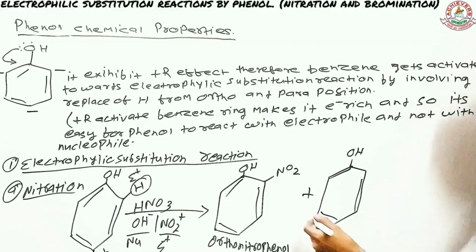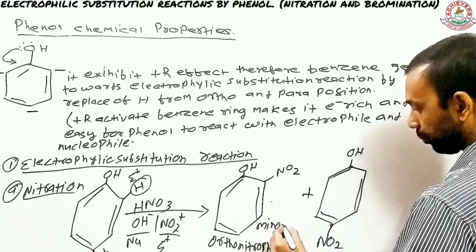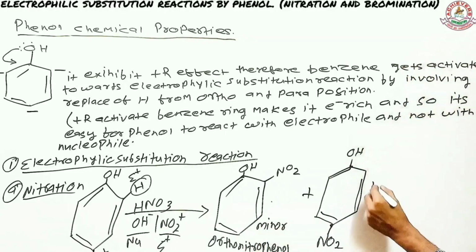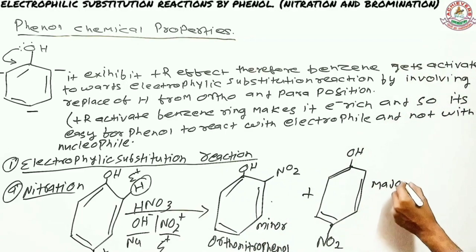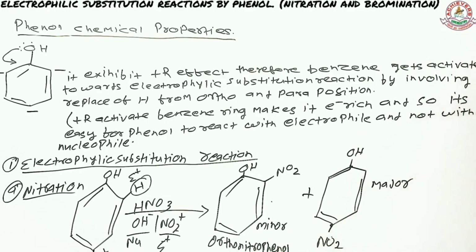So again, one very important thing, this is going to be a minor product, and this is going to be a major product. Why is this major? Because it is symmetrical, and this is unsymmetrical. Now the question is, how are these two products going to get separated?